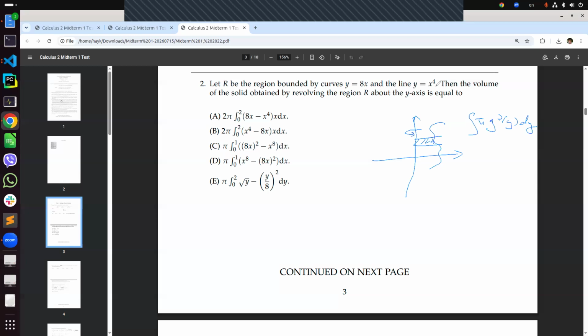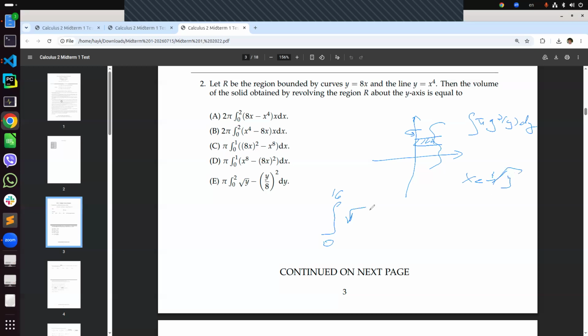In our case, the only point where we can say it doesn't work is the intersection point. When x equals 2, y is 16. So the integral is going to be from 0 to 16. Pi times the curve on the right side squared minus the curve on the left side. Here x is the fourth root of y.